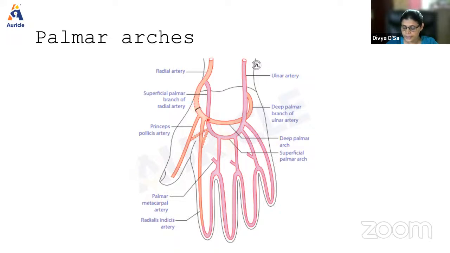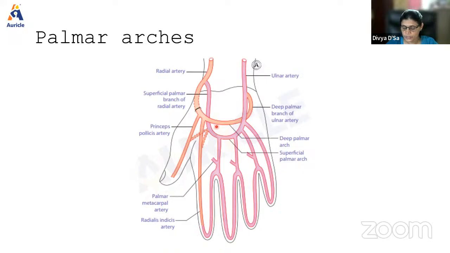After it enters, it immediately gives off two branches, the Princeps pollicis and the radialis indicis artery. Then it anastomoses with the deep palmar branch of the ulnar artery, forming the deep palmar arch.